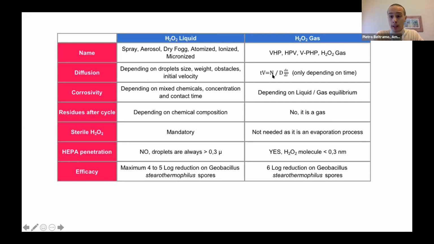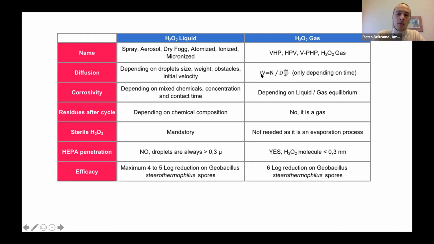This formula is a little bit difficult, but this is the formula of the expansion, the distribution of a gas into a space. I don't want to go into the mathematics of this because I have no idea. I just copy-pasted it. But what I understood is that it depends basically on the time.